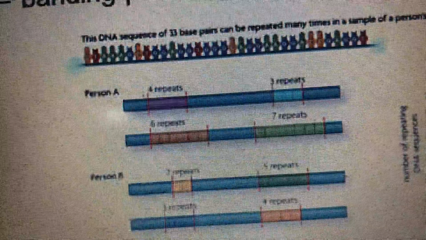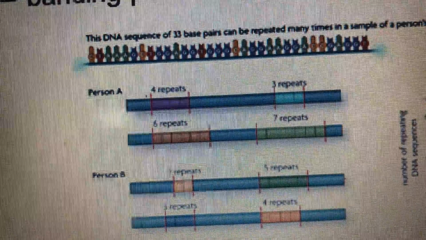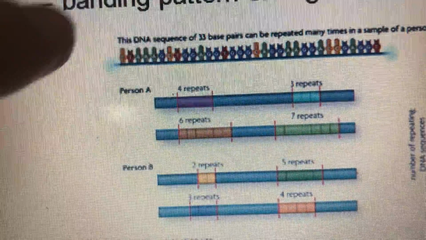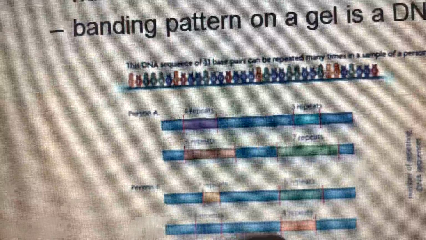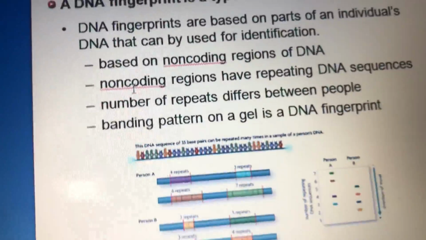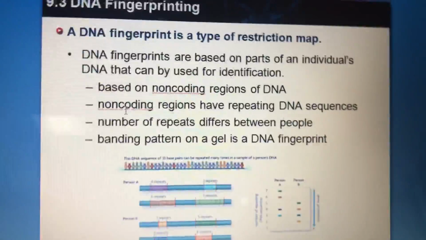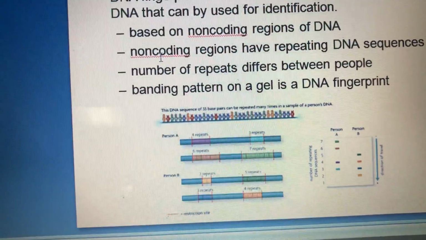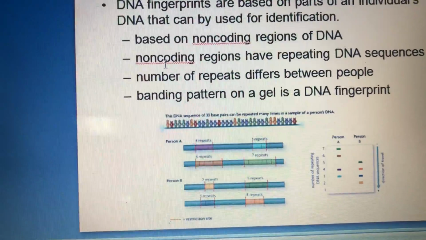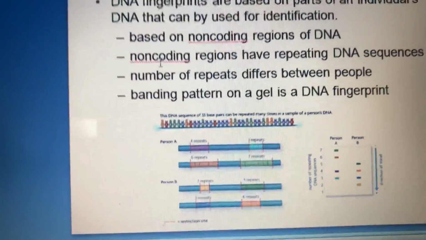While person B, they have 2 repeats from the same DNA sequence and 5 repeats from another sequence. So the DNA fingerprint focuses on non-coding regions that have repeating DNA sequences, and these repeats are different from one person to another.